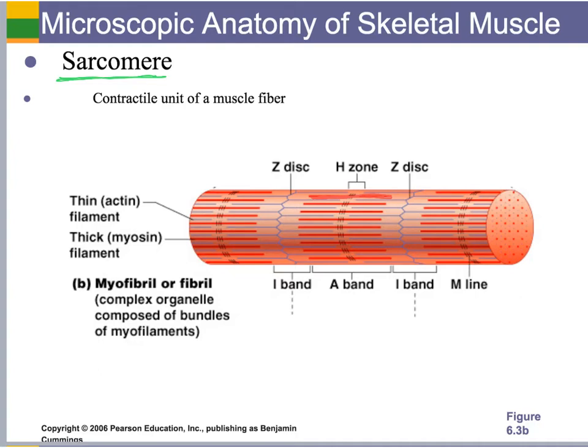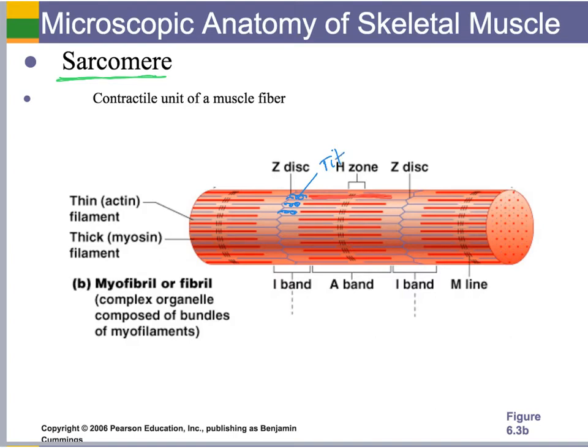And I did not put this on the agenda as one of the terms you need to know, but you do need to know the protein that attaches the myosin filaments to the Z disc, and it's called titin. I'll just write that. It's very elastic.